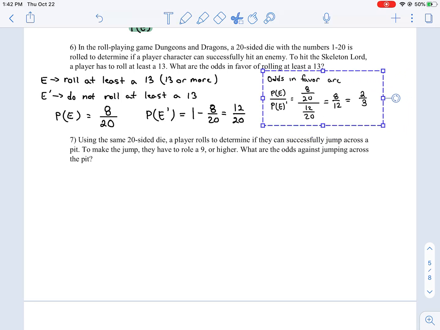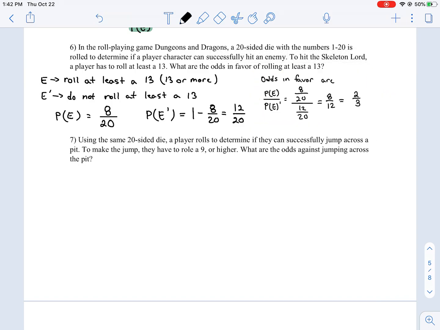So we can either write the odds as a fraction, so the odds are 2/3, or you can write the odds as a ratio. We can write it as 2:3.